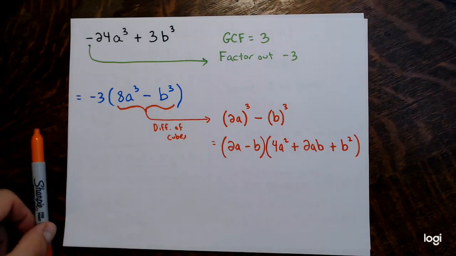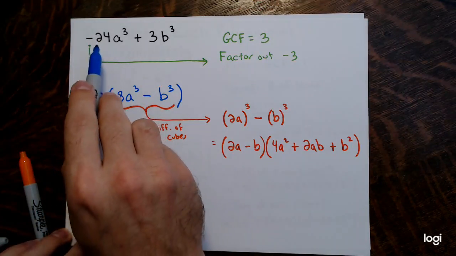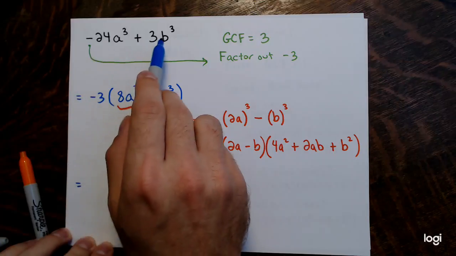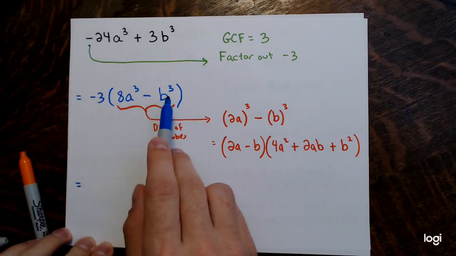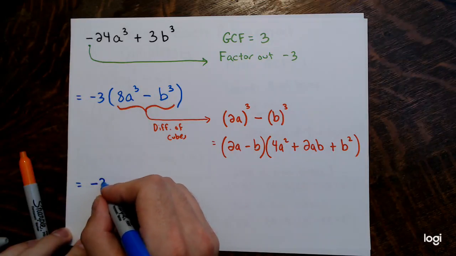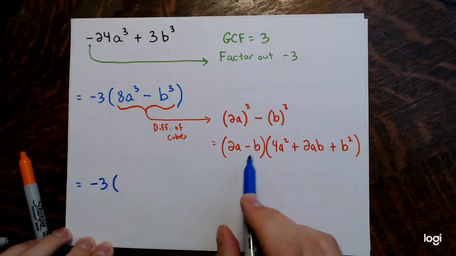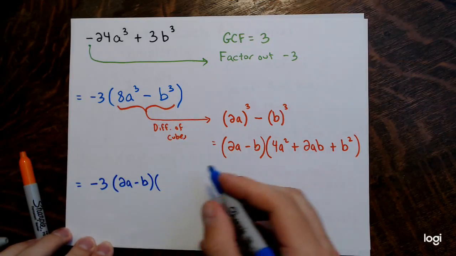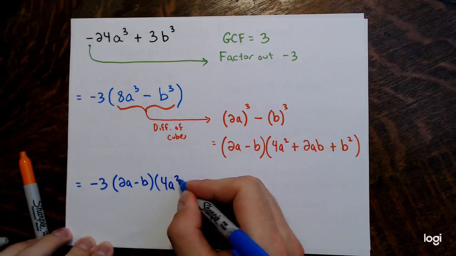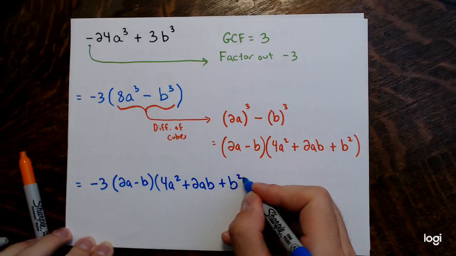So when all is said and done, my original polynomial, factor the negative 3 out, and then the next factor in the parentheses factors even further, so we have negative 3 times 2a minus b times 4a squared plus 2ab plus b squared.